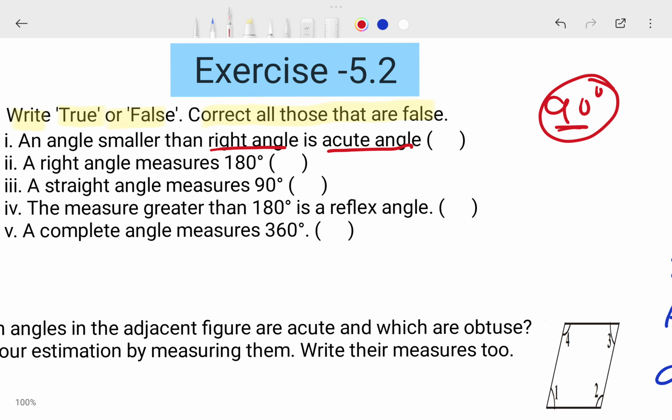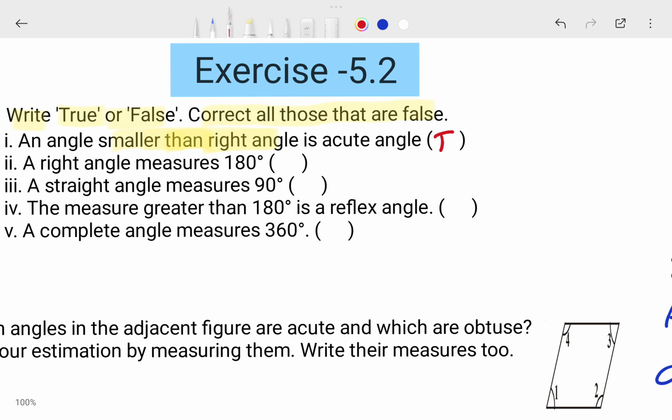Right angle is 90 degrees, so it is smaller than 90 degrees. So this is an acute angle. Yes, it is an acute angle. Why? Because a right angle is 90 degrees but an acute angle is less than 90 degrees. So this angle is smaller than the right angle. So it is true, this is an acute angle. So this is true.